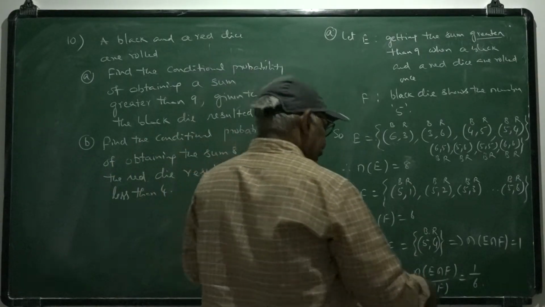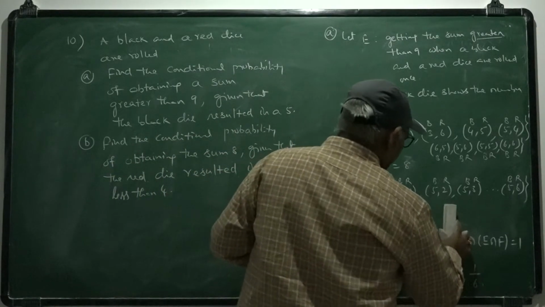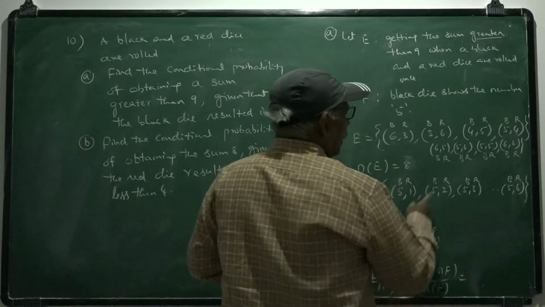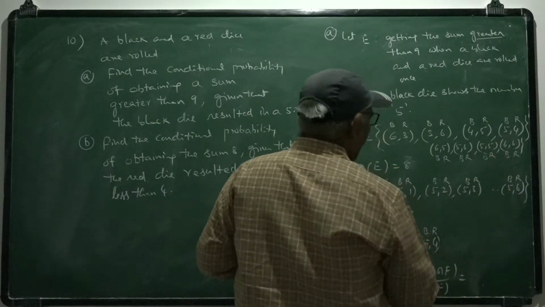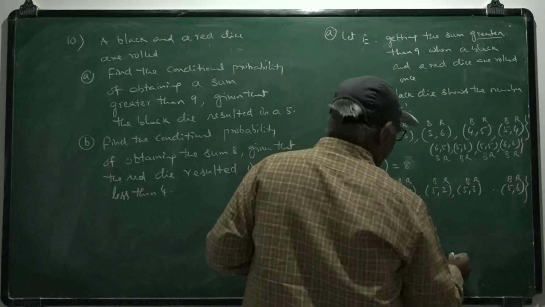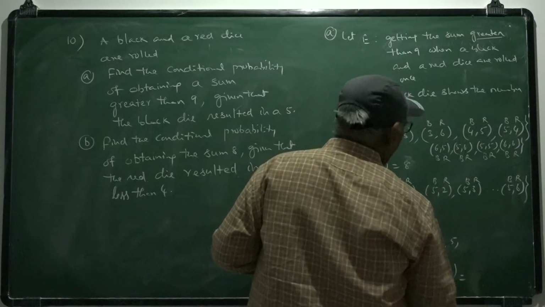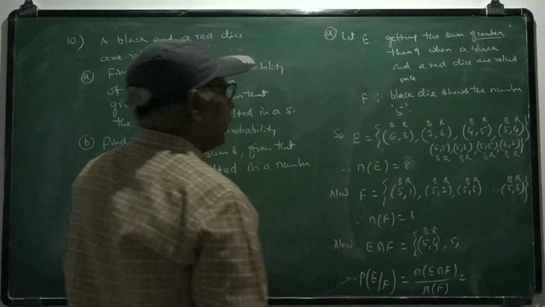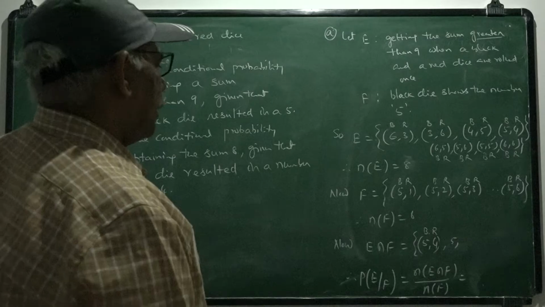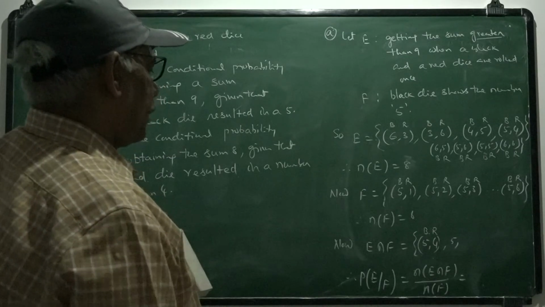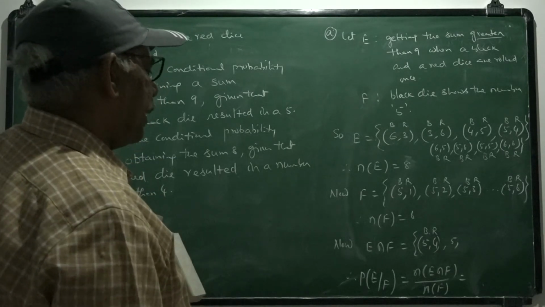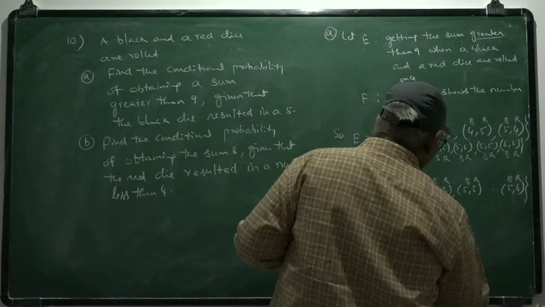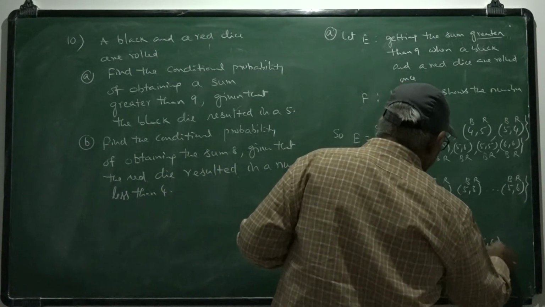Now the intersection changes here. Along with 5 comma 4, getting 5 and greater than 9 is 5 comma 5, 5 comma 6.